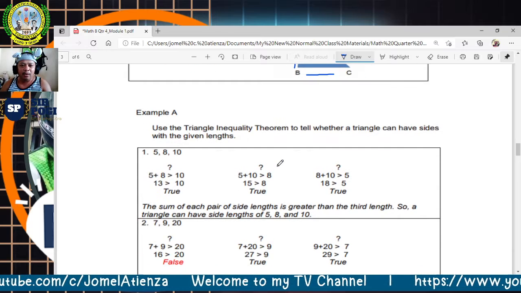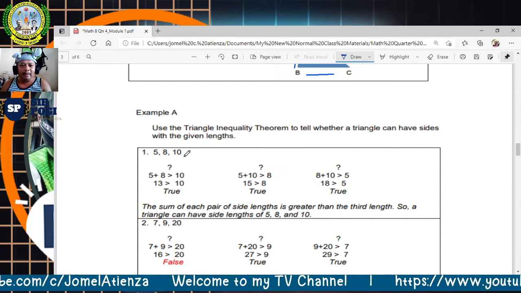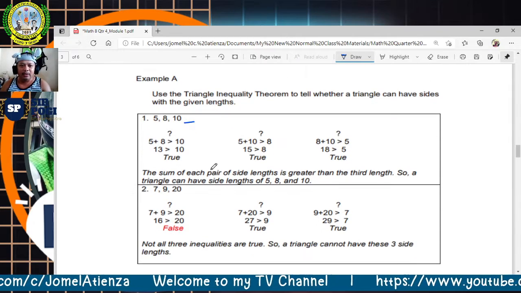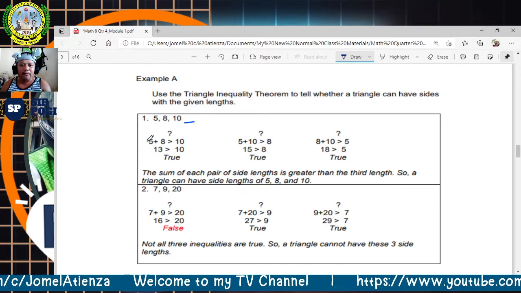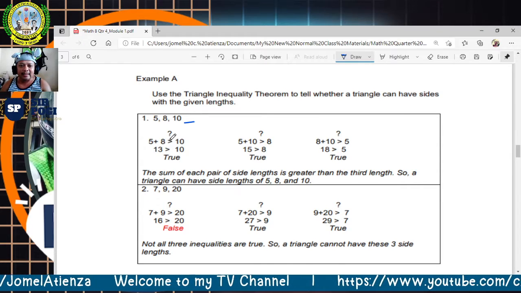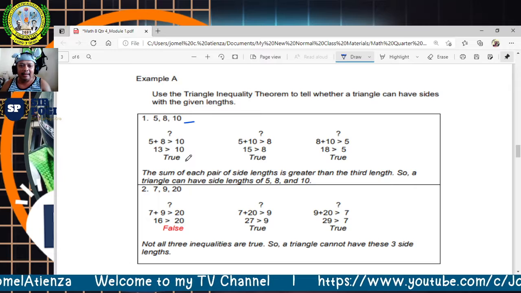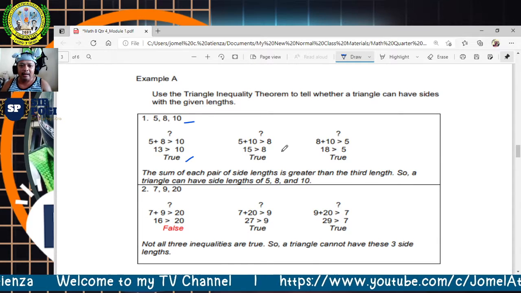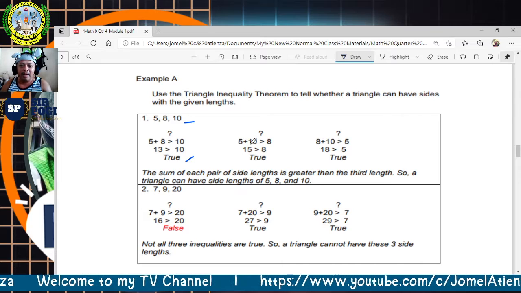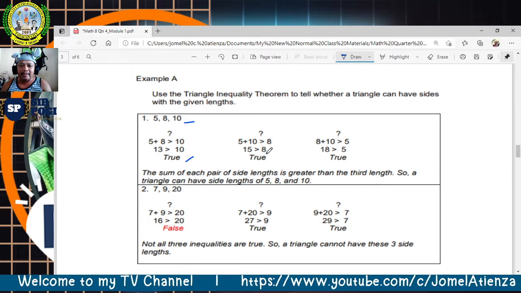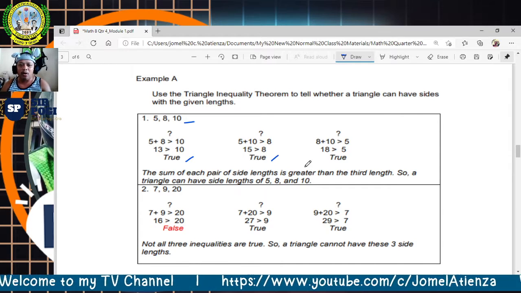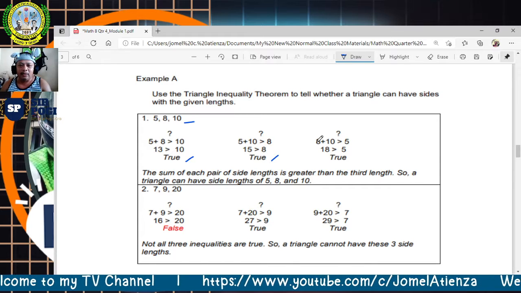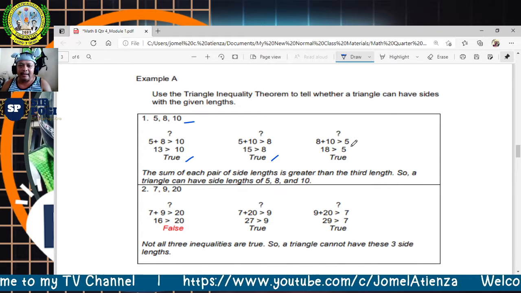So, for example, ito yung given natin na side lengths, which is 5, 8, 10. So, 5 plus 8 is greater than 10, and that is true. 13 is greater than 10. Another one, 5 plus 10 is 15, greater than 8, and that is true also. And another one, 8 plus 10 is greater than 5.